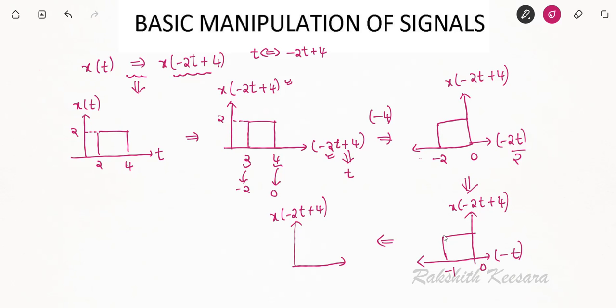If I multiply by minus 1, time reversal will happen. That is, the signal will be a mirror image with respect to the y-axis. This will become 1. Now my axis is t again. This is our answer.